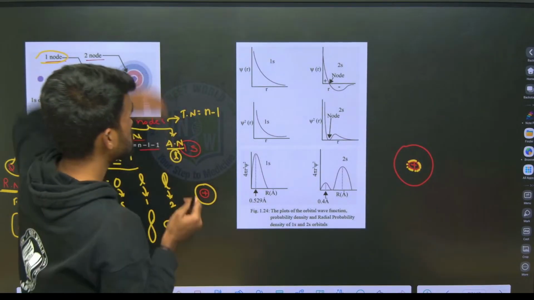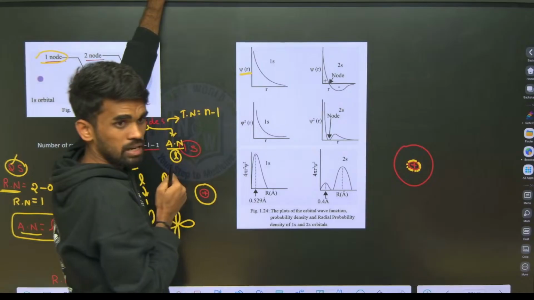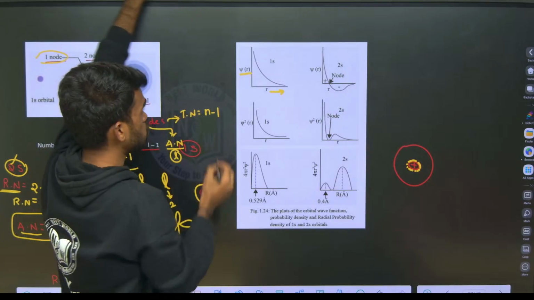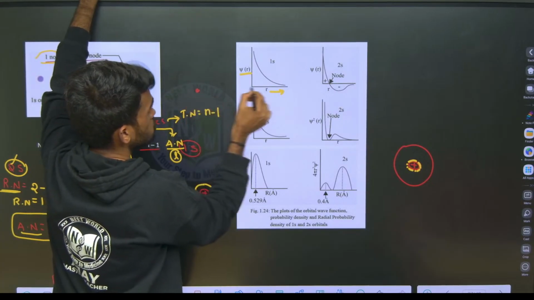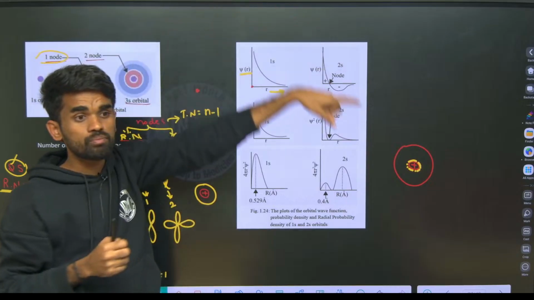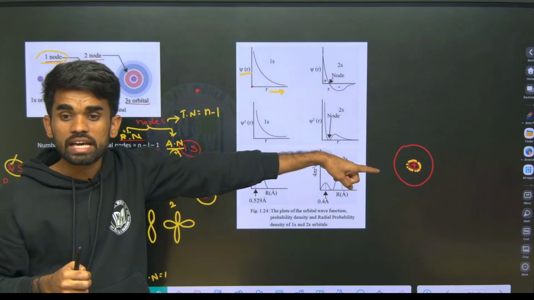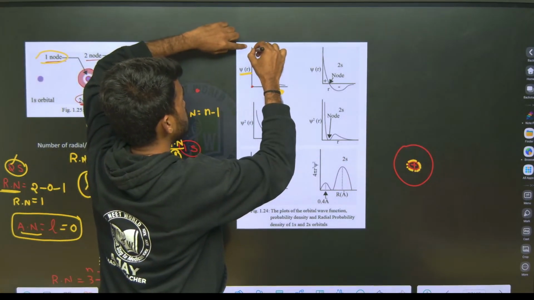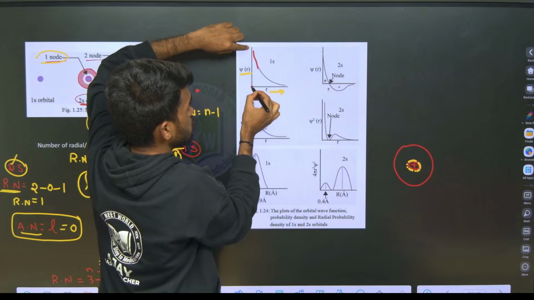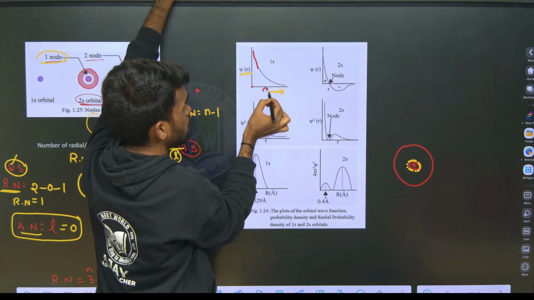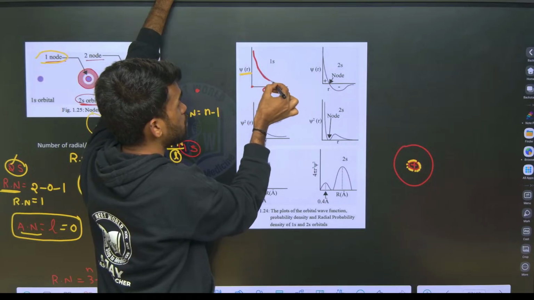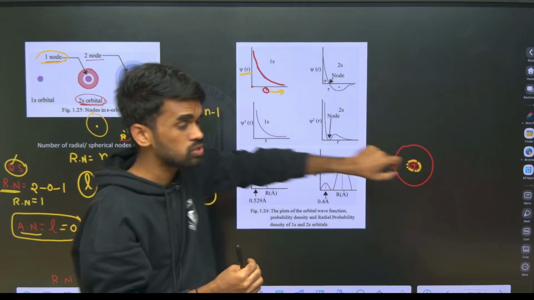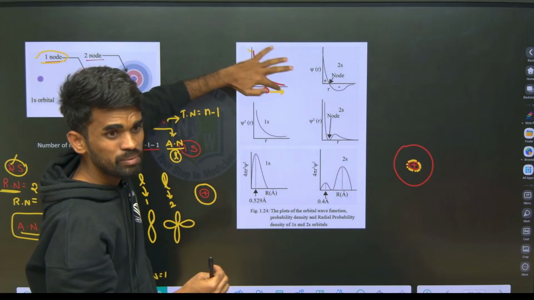Here psi is the electron distribution, and r means radius. So very close to the nucleus we have maximum electron density, which is why this graph is maximum at the start. As distance increases, the electron density decreases, so it will be maximum at the beginning and then decrease like this.